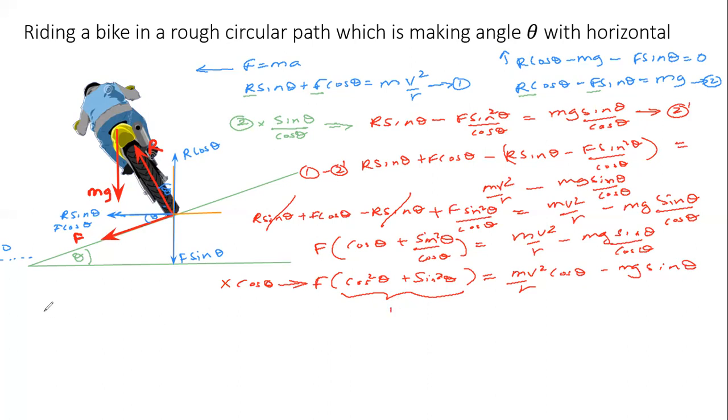So we have f equals, on this side, I'm going to take mg out. If I pull mg out, then I have v squared over R g cos theta minus sin theta.